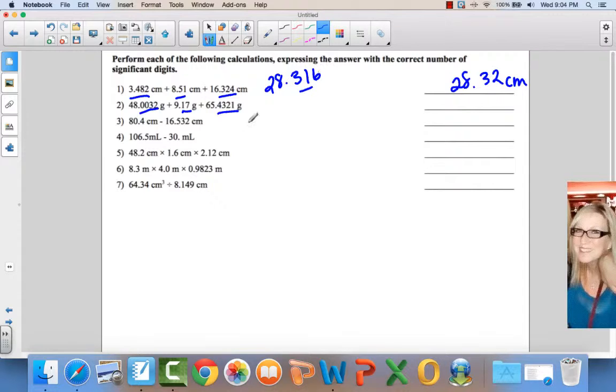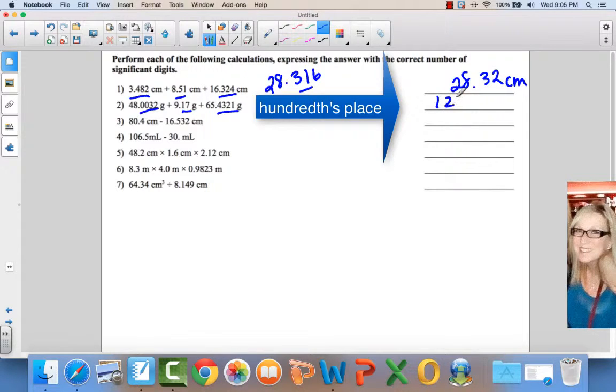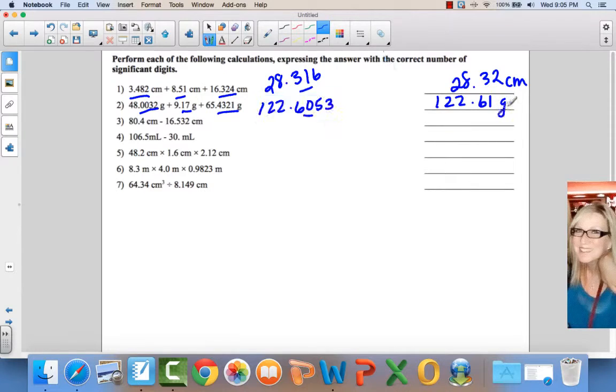And I get 122.6053. And my answer can only be to the hundredths place. So it's going to be 122.61 grams.